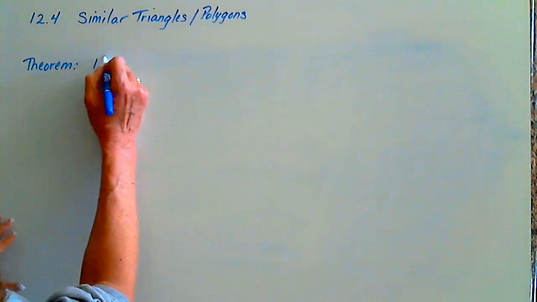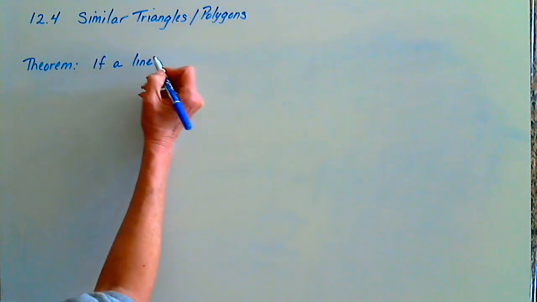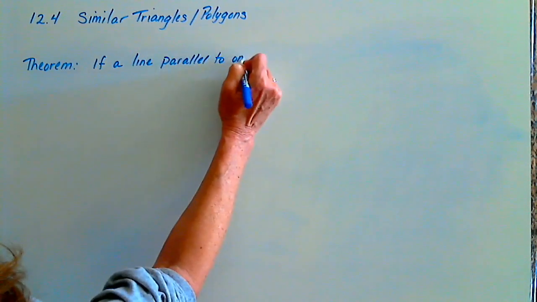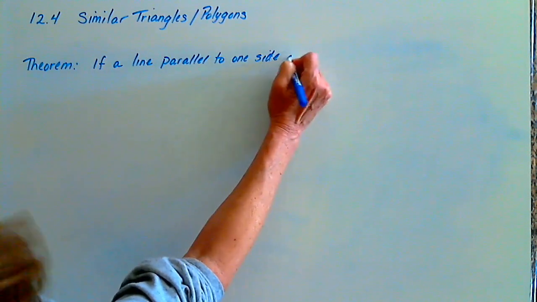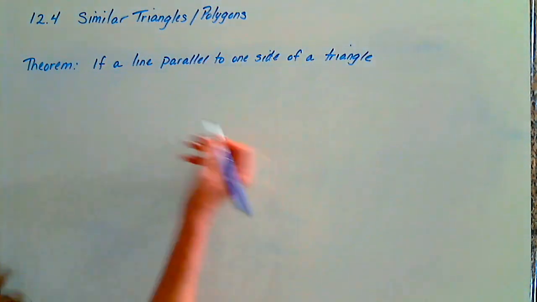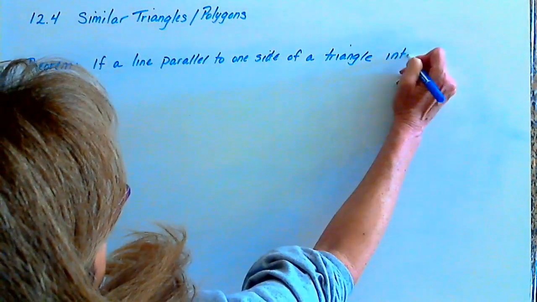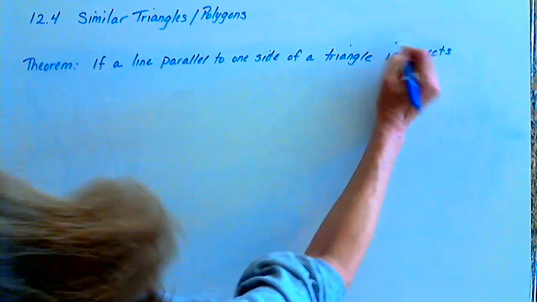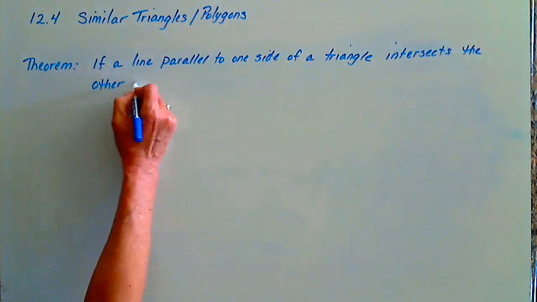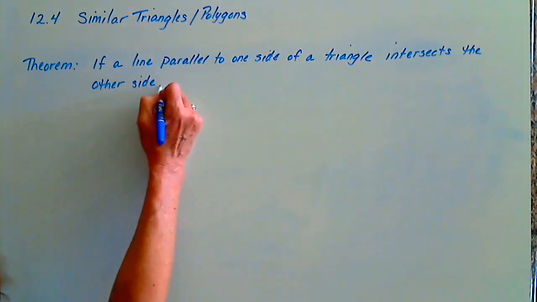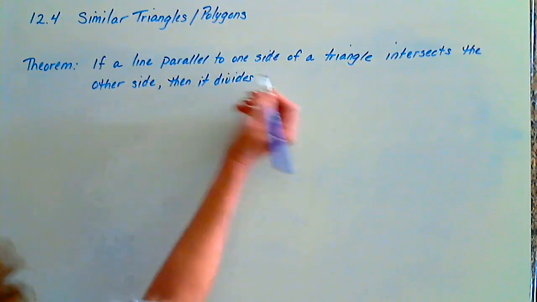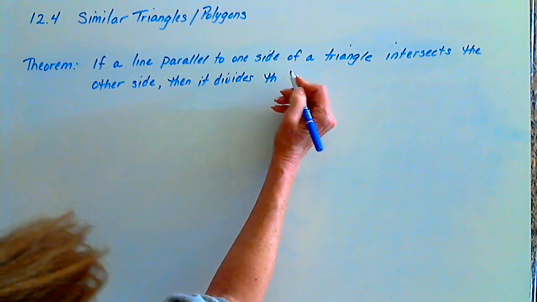So if a line parallel to one side of a triangle intersects the other sides, then it divides those sides into proportional segments.